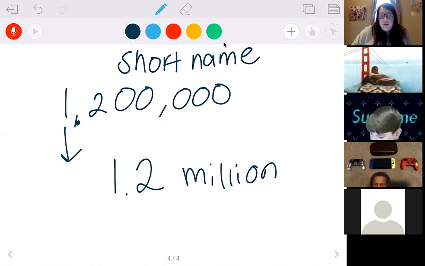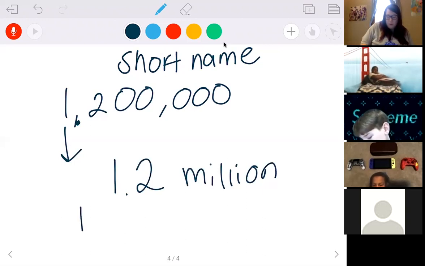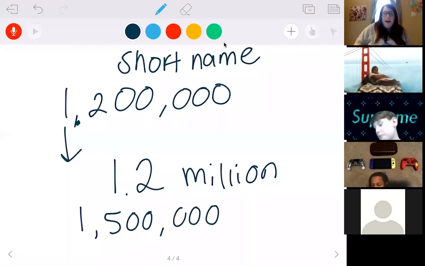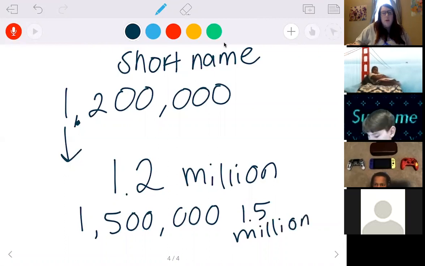I basically take the first 2 numbers, put a decimal there, and then put whatever the biggest place is, 1.2 million. If I gave you one like 1,500,000, that one would be 1.5 million. So when you hear someone on TV or a movie say that there's 1.5 million of this, or 1.5 million people, or he makes $1.5 million or whatever, that's what they mean.